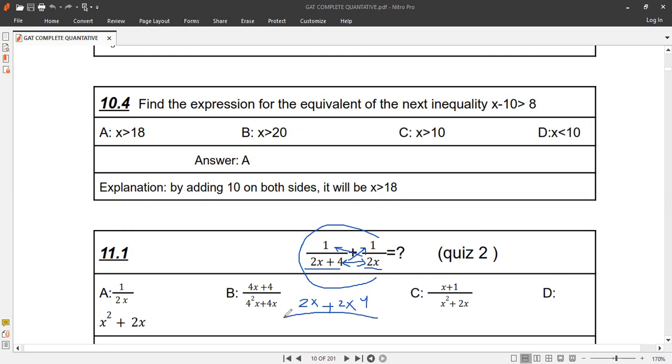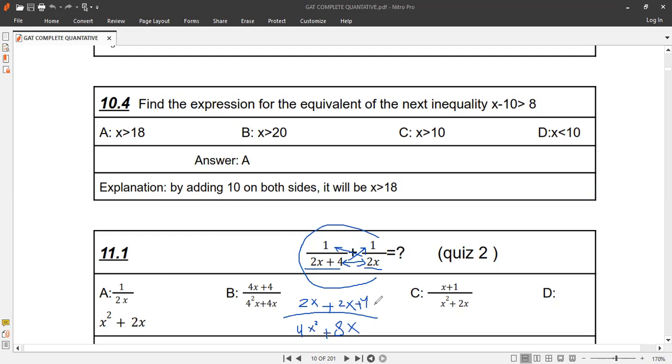And down we need to multiply the denominators. 2x multiplied by 2x equals 4x squared. x times x is x squared. 2x multiplied by 4 equals 8x. Now we compare our answer to the given answers. So we can't do anything yet. Here we have to put first.